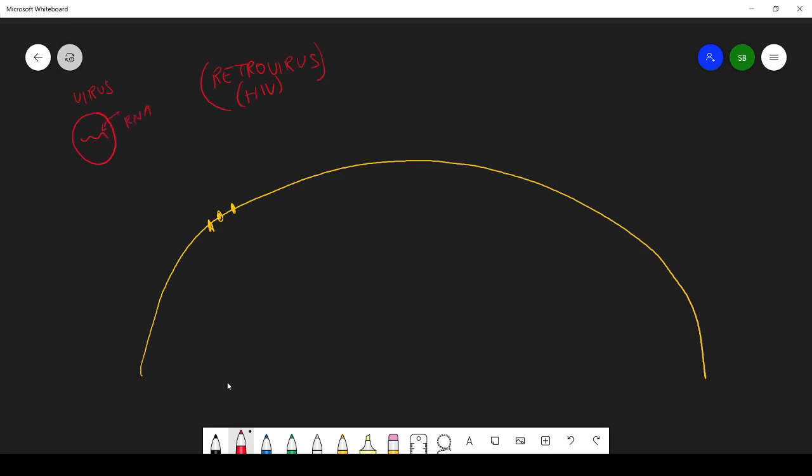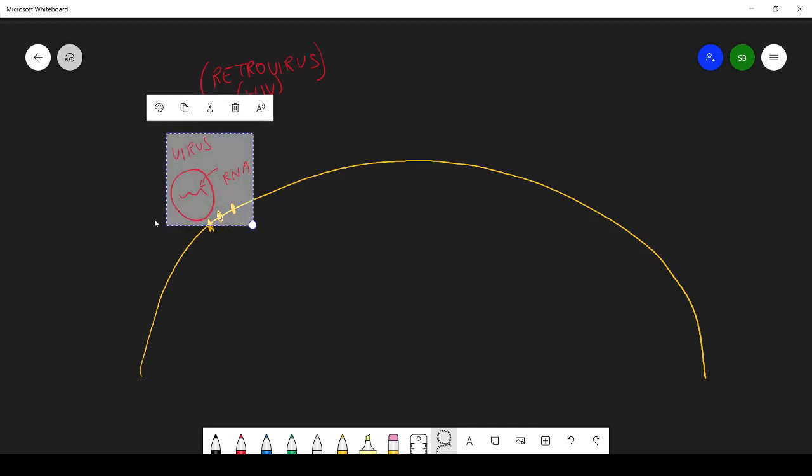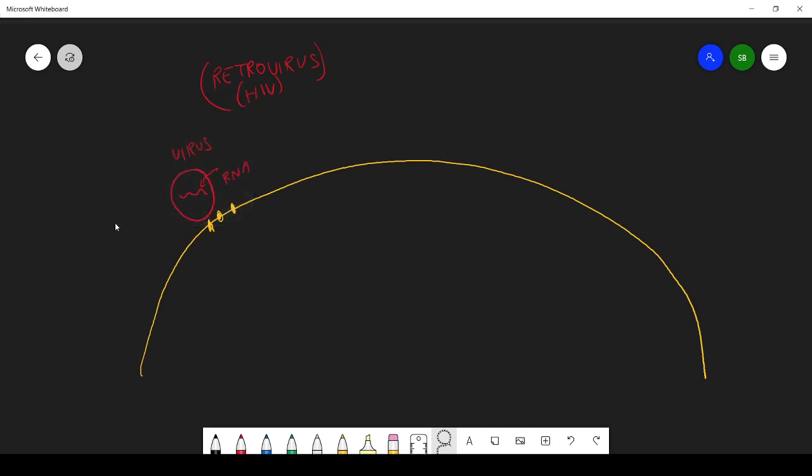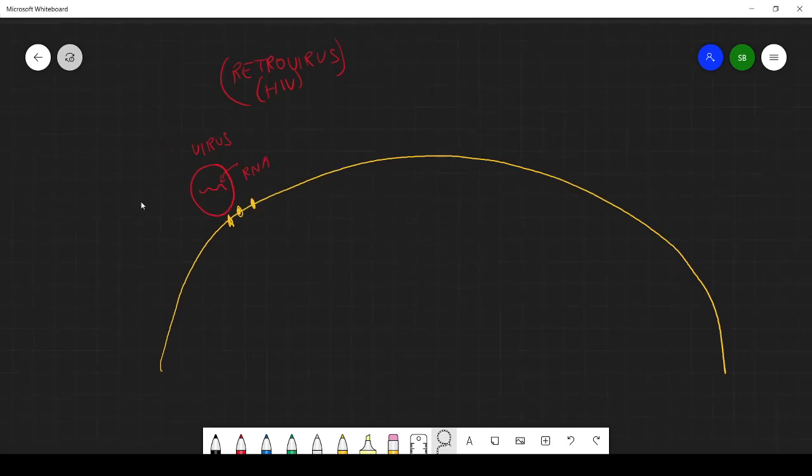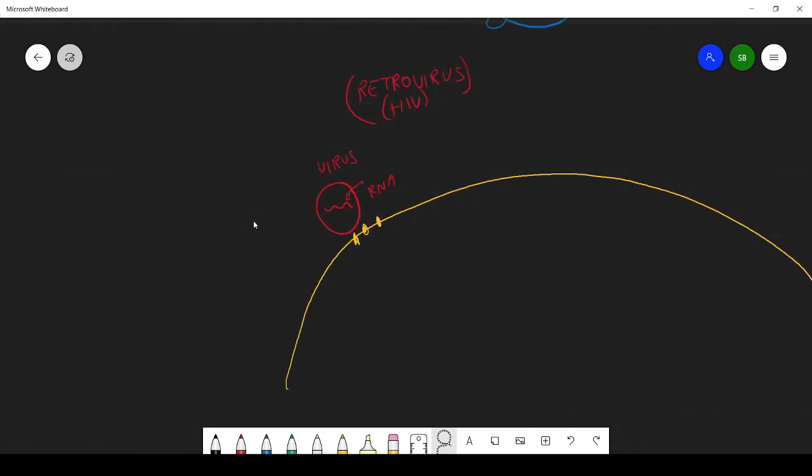The first thing the virus has to do, or I should probably call it the virion, is to attach to the cell receptors for it to become endocytosed. And we can actually interfere here, pharmacologically, with drugs which stop this attachment.